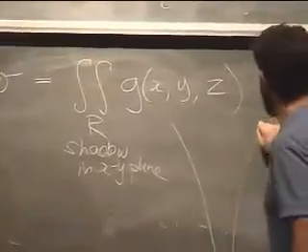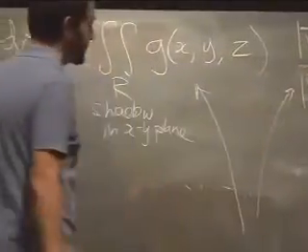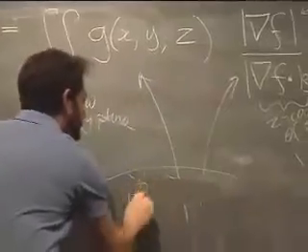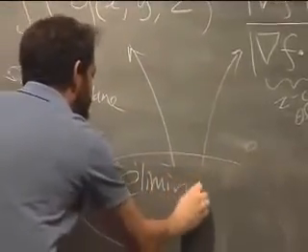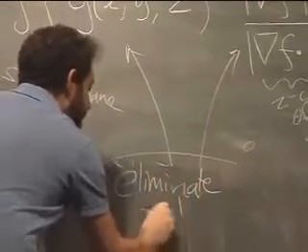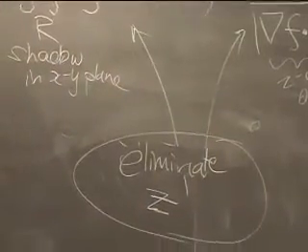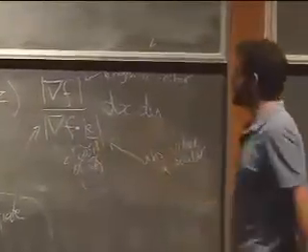There's one other very important point about this. Any z's remaining in either of these terms have to be eliminated. So you have to eliminate z from this. And that's why I said you have to be able to solve z in terms of x and y. See, this integral is only dx dy. You don't want any stray z's.